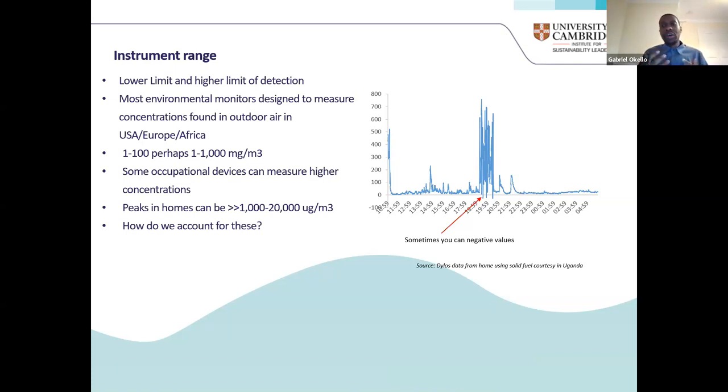So whichever pollutant you're going to measure and the area you're going to measure, if you're going to measure in households that are using solid fuel biomass, you might have to think about devices that have higher ranges. And if you're measuring outdoors, then you might just consider devices that have a range like from 1 to 100 micrograms, or 1 to 1,000 micrograms per cubic meter.